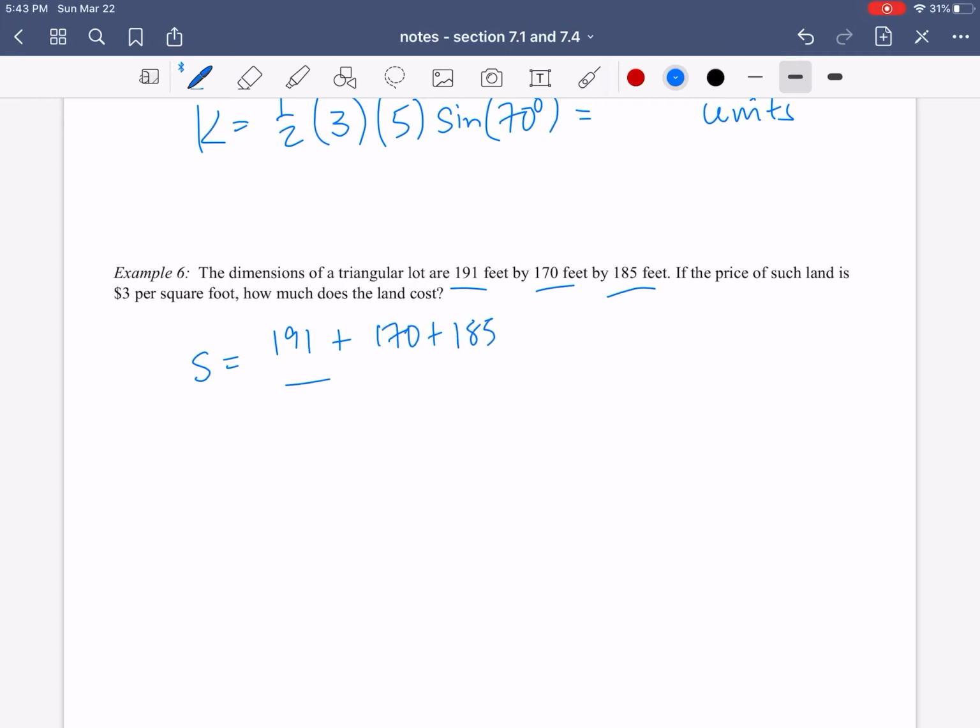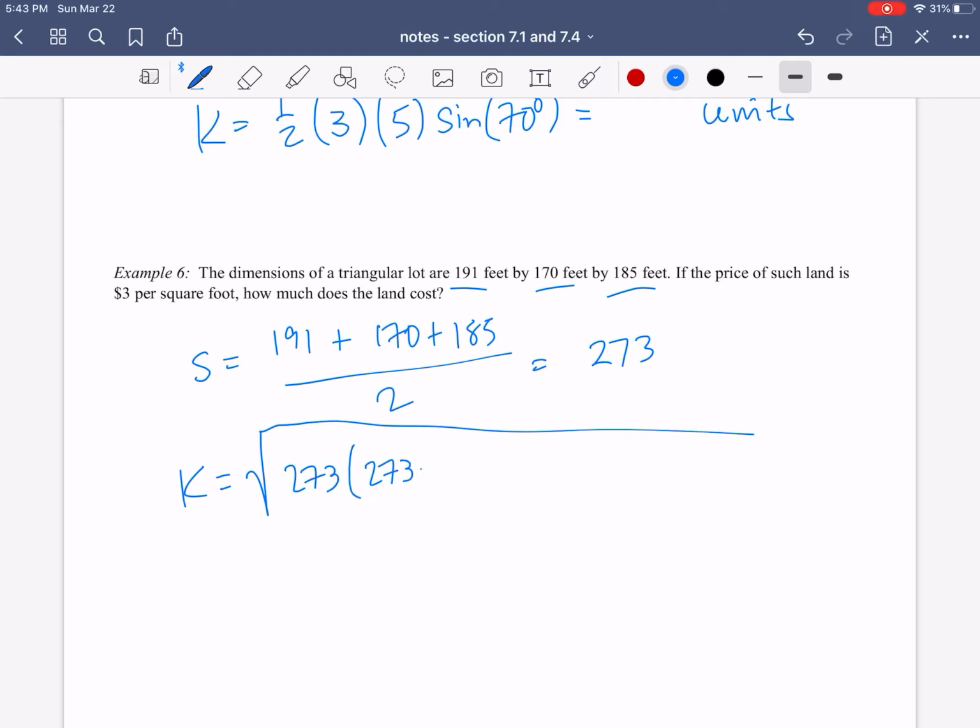So adding up all of the sides and dividing by 2, that's going to give us 273. That means that K is going to equal the square root of 273 multiplied by 273 minus 191, 273 minus 170, and 273 minus 185.